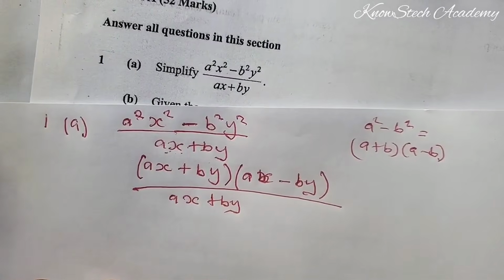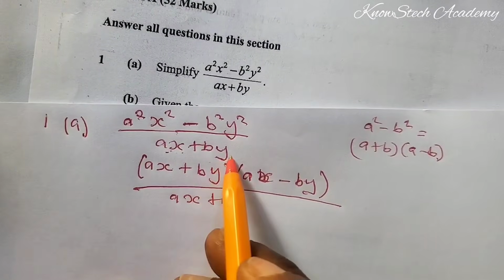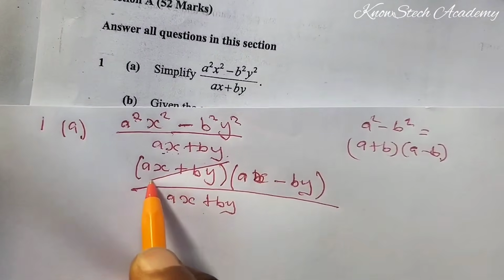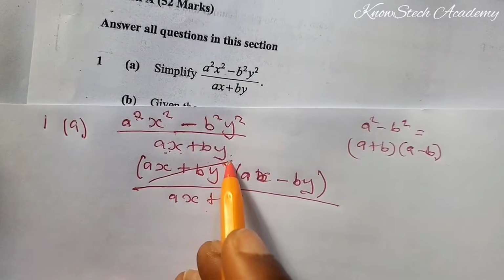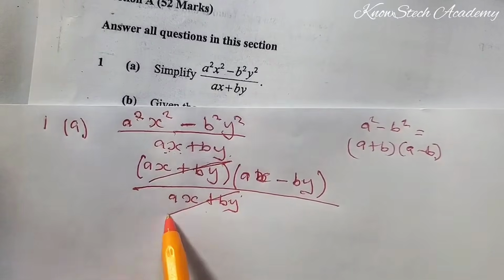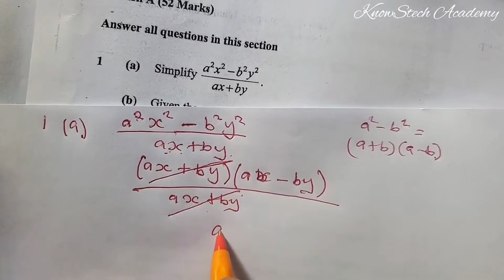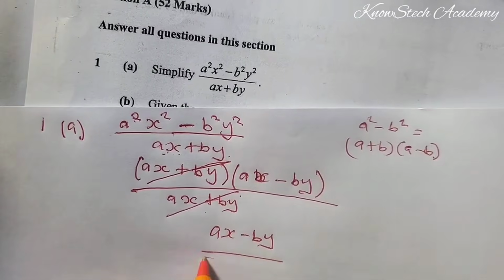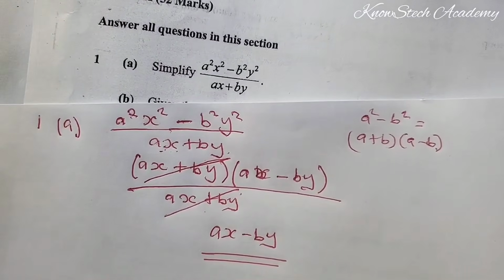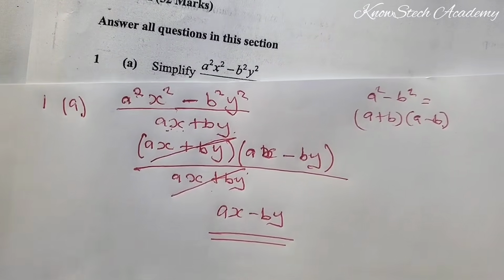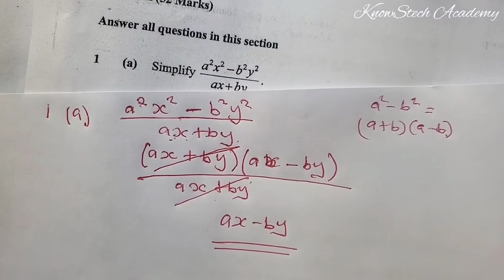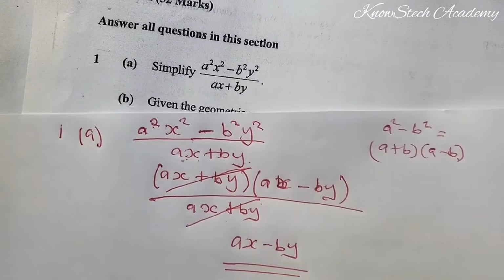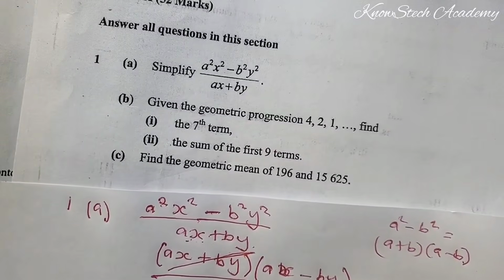Now you check what is common on top and on the bottom. Yes, we have this term, so we're remaining with ax minus by, and this is the answer. It is as simple as this. Let's go to the second question.